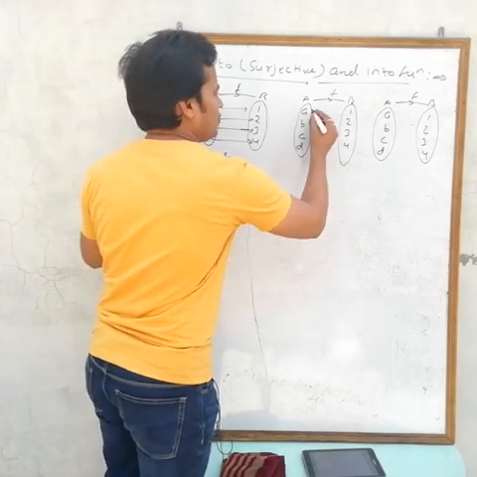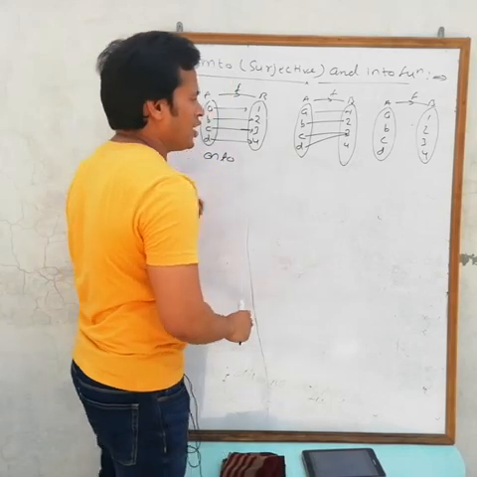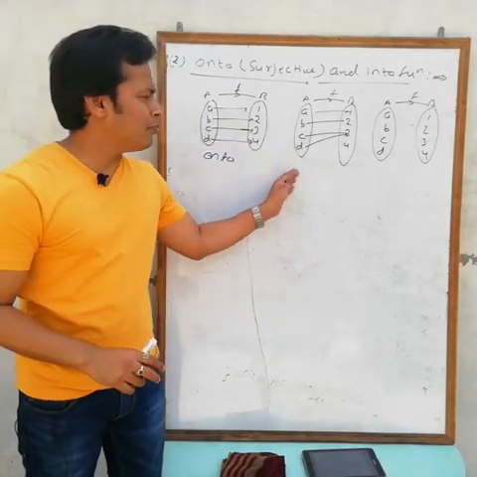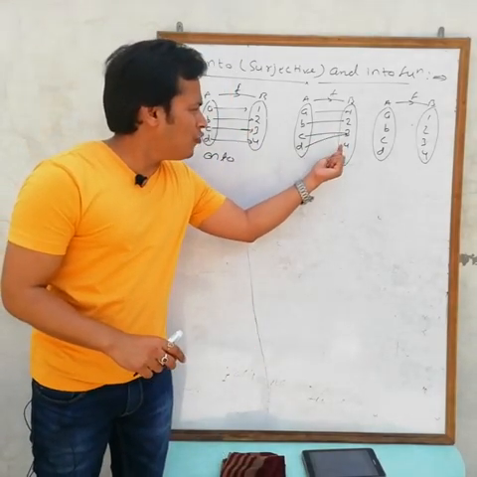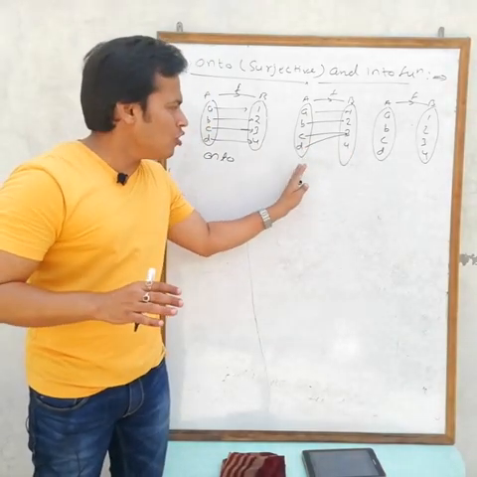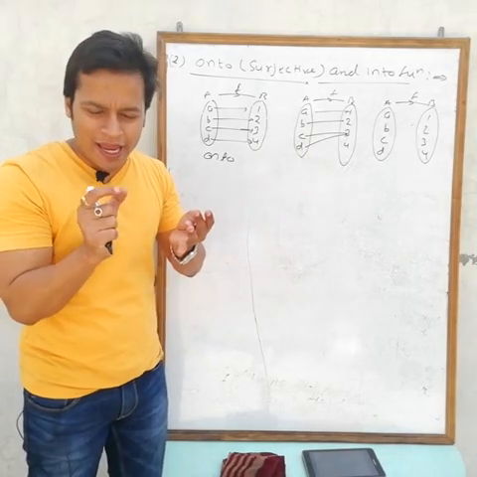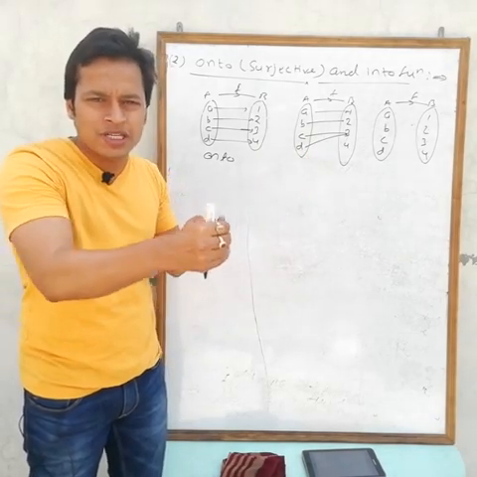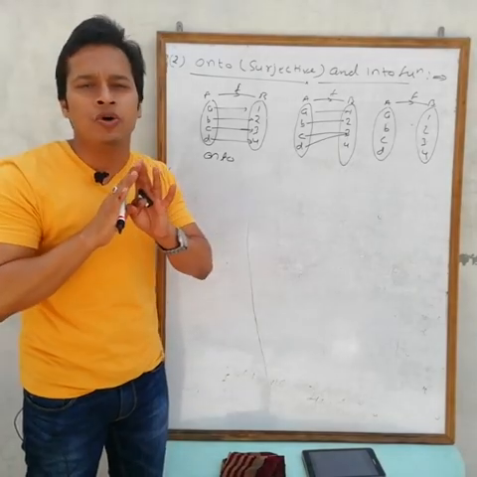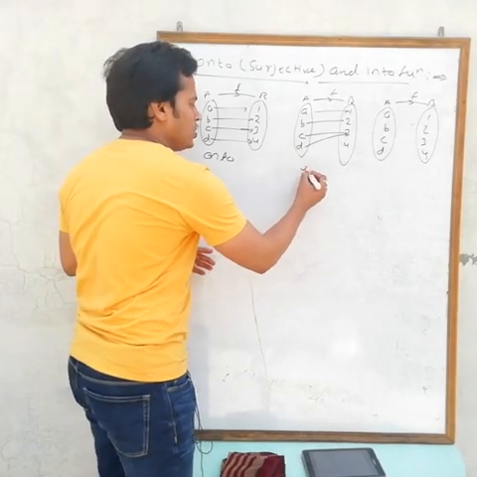Now suppose this one. Here we have one element in B which has no pre-image. There is no pre-image of 4. If in B you have any one element which has no pre-image, then this is not onto, then this becomes an into function. So this one is into.